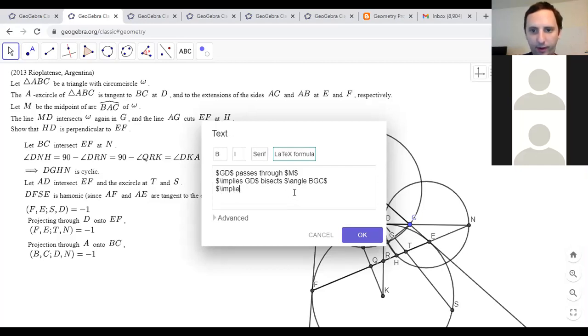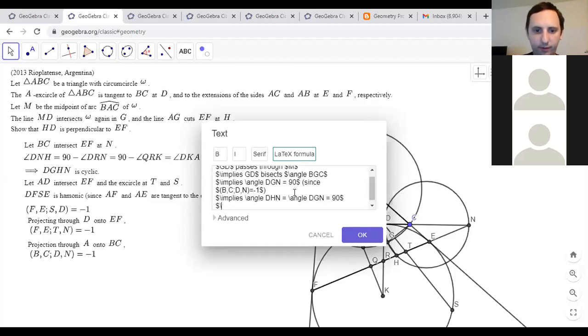And that means that angle DGN is 90, since BC, D and N are in harmonic conjugation, and that means that angle DHN equals angle DGN equals 90, and that means that HT is perpendicular to EF.